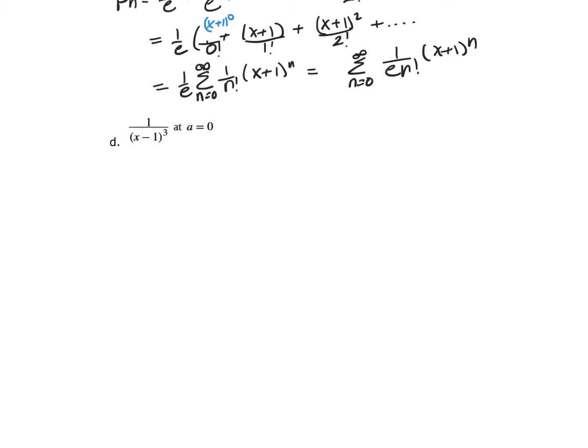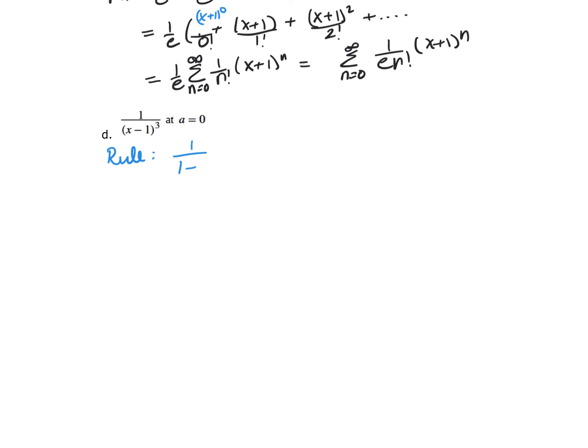The reason this one is a little bit different is because I have this rule that says if I have 1 over 1 minus y, this is equal to the series from n equals 0 to infinity of y to the n.